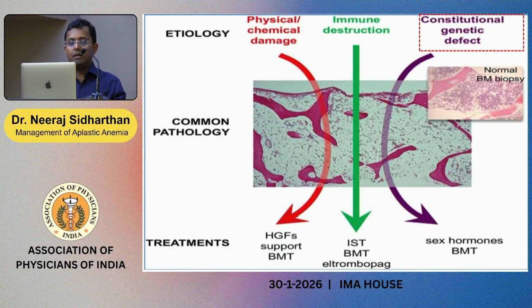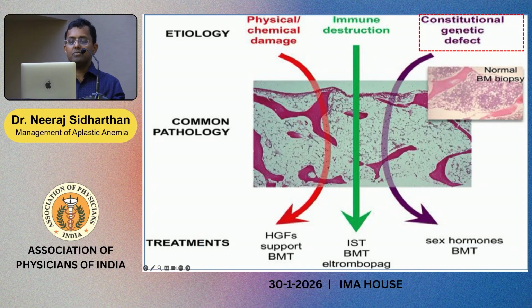So again, if you were to put everything in one figure, this is how it would look. There's a physical damage or a chemical damage. There's a majority going with immune destruction, and then there is also somebody with a constitutional genetic defect.